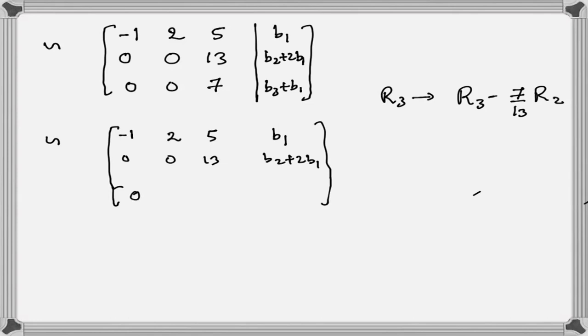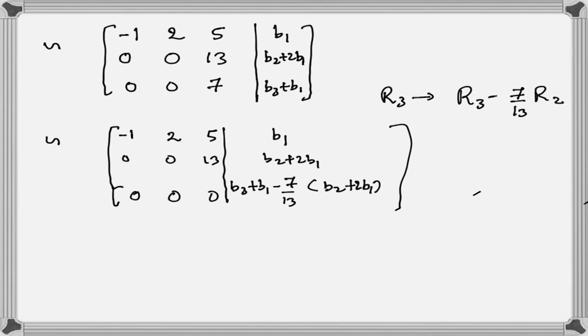The third row is 0, 0, 0, and then b3 plus b1 minus 7 by 13 times r2, that is b2 plus 2 times b1.